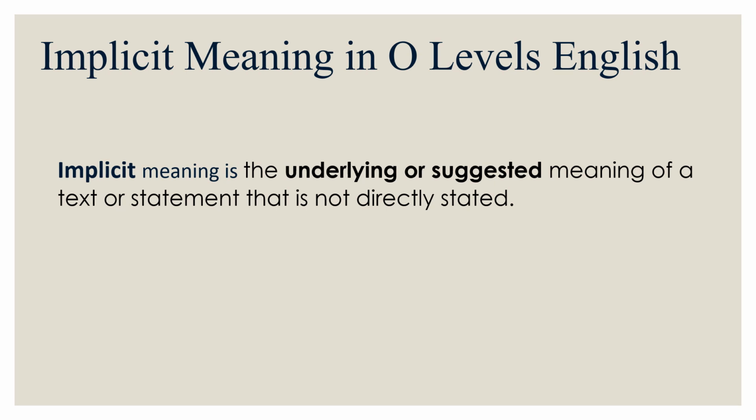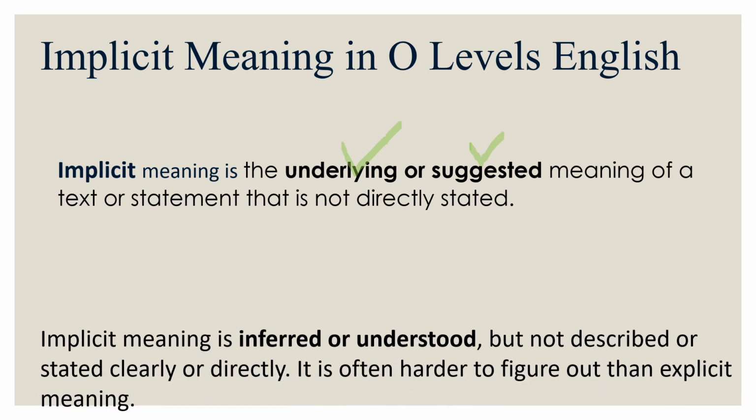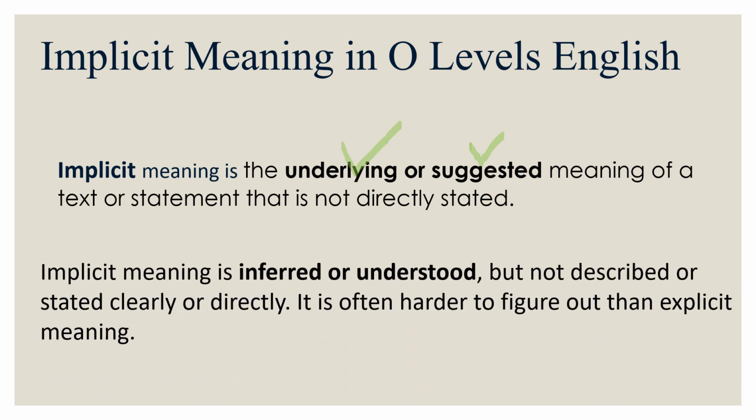We have to go for the underlying meaning of the text. We have to see what is suggested by the writer's use of vocabulary, and we have to infer or understand what is not directly stated in the text. Sometimes it is often harder to figure out the implicit meaning.